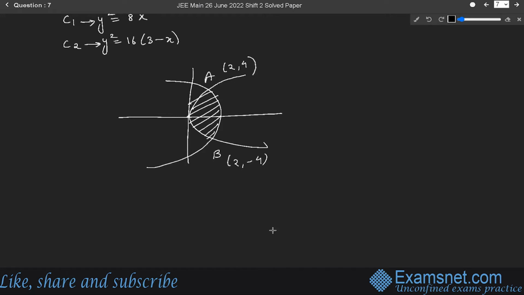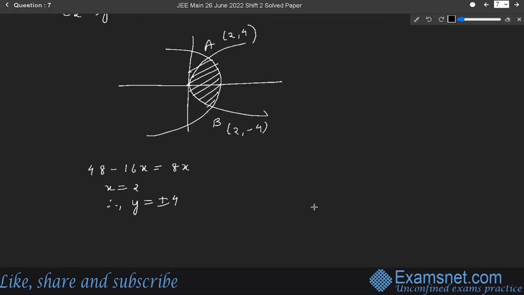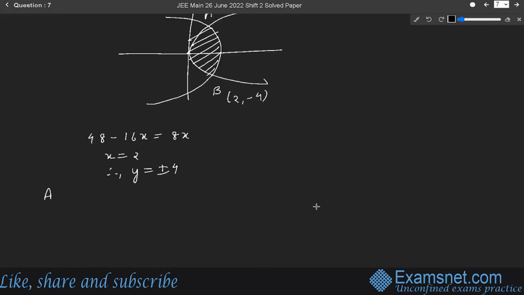Now solving this and finding the area, which is solving both the curves, we can say 48 minus 16x is equal to 8x. So x will be equal to 2. If x is equal to 2, therefore y will be equal to plus minus 4. Now we have to calculate the area of the shaded region. So the area of the shaded region will be equal to 2 into the integral of 0 to 4, 48 minus y square divided by 16 minus y square divided by 8 dy.